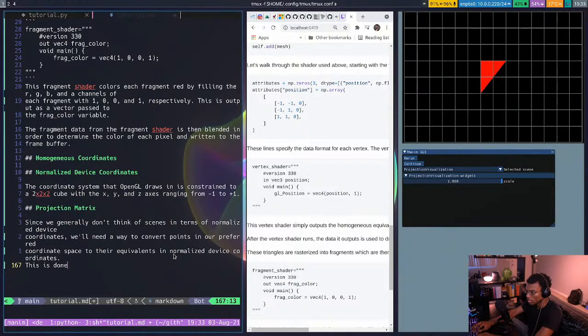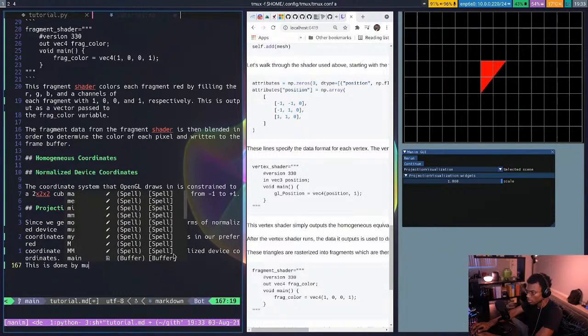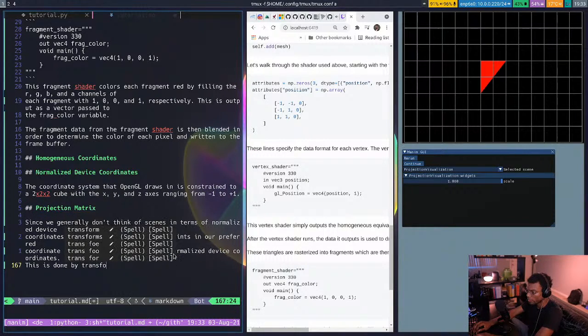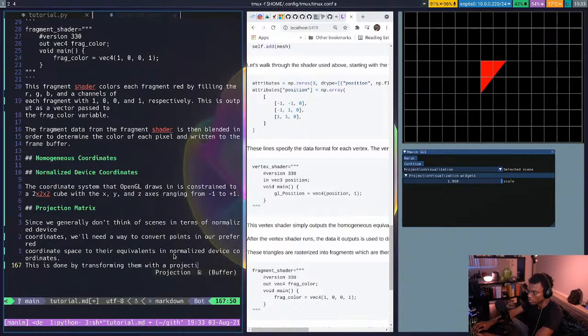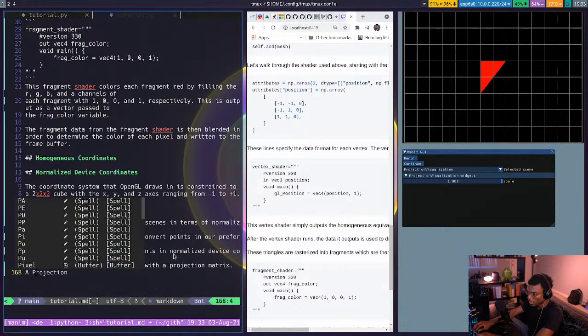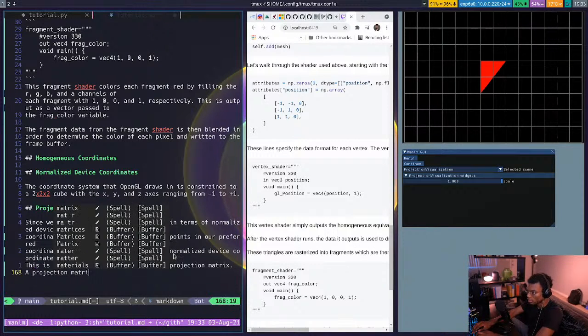This is done by transforming with a projection matrix.